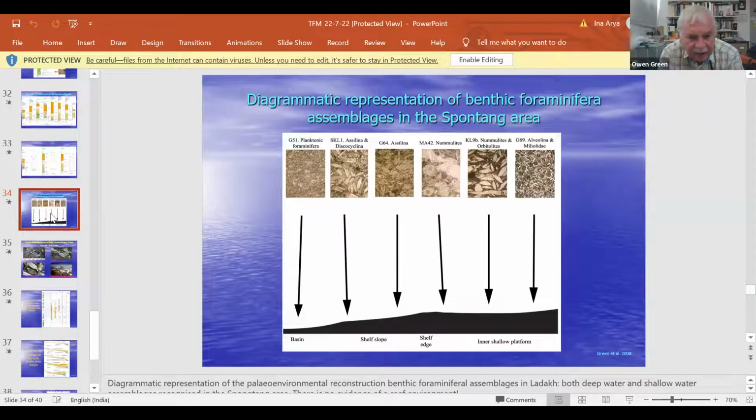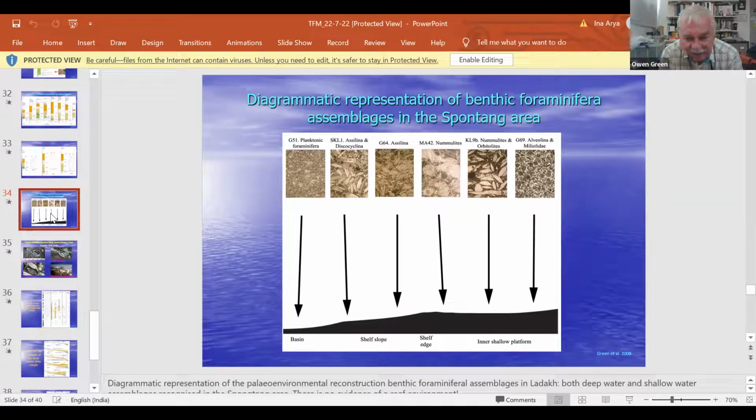We then go to some nummulites and orbitolites in the shallower parts of the shelf. And then as we go slightly off the shelf into the shelf slope and then into the deeper basins, we're going through our acyline dominated sequences down there.